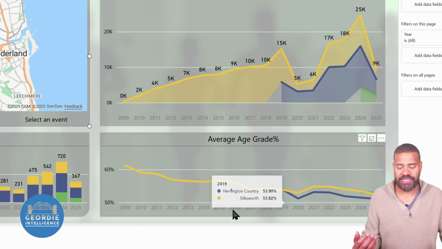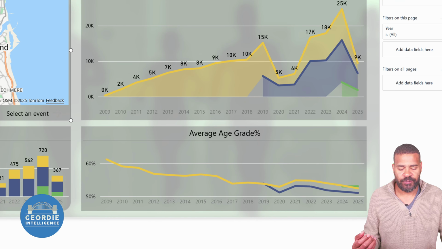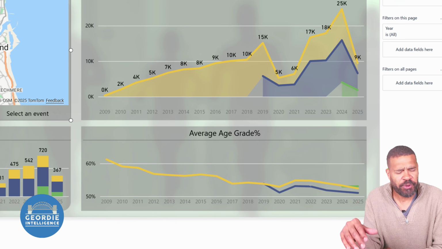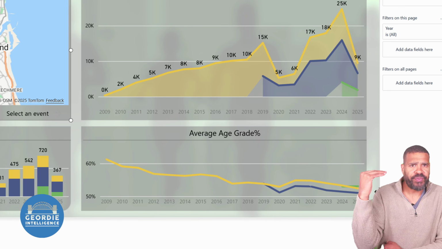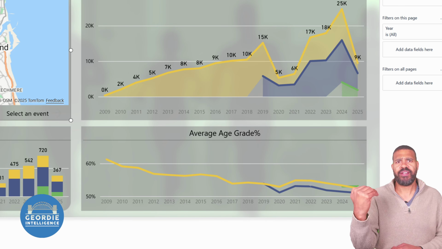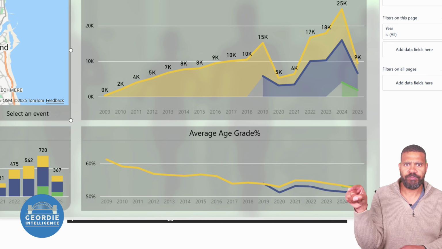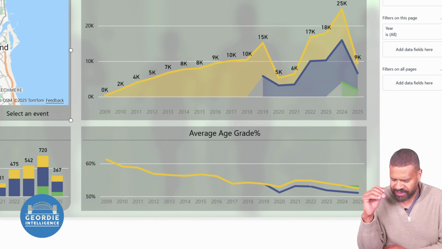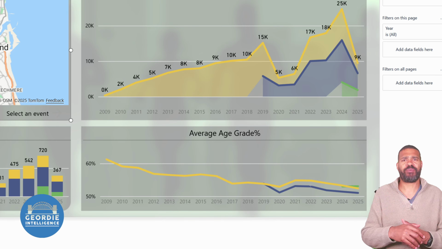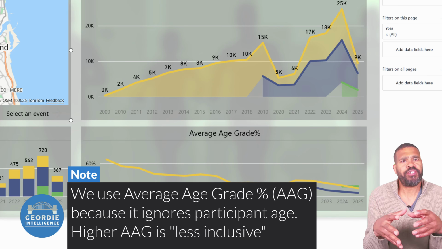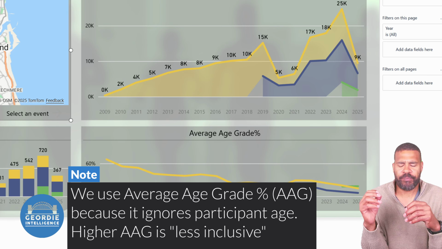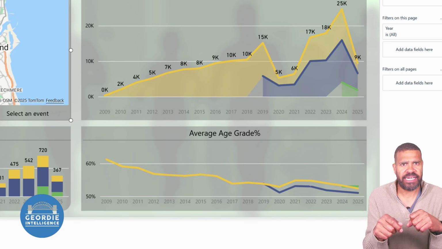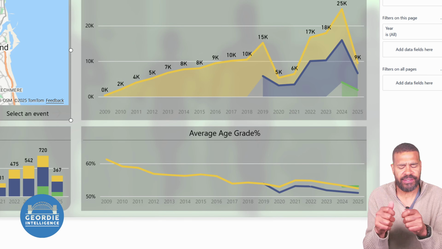We've got the valid piece, this is the one which always confuses everyone. Well, what's going on with this? So the average age grade across parkrun goes down over time. And the reasoning behind it, the mindset, is to do with the inclusivity of the event, that it goes from being about just the hardcore runners who are fit and run.